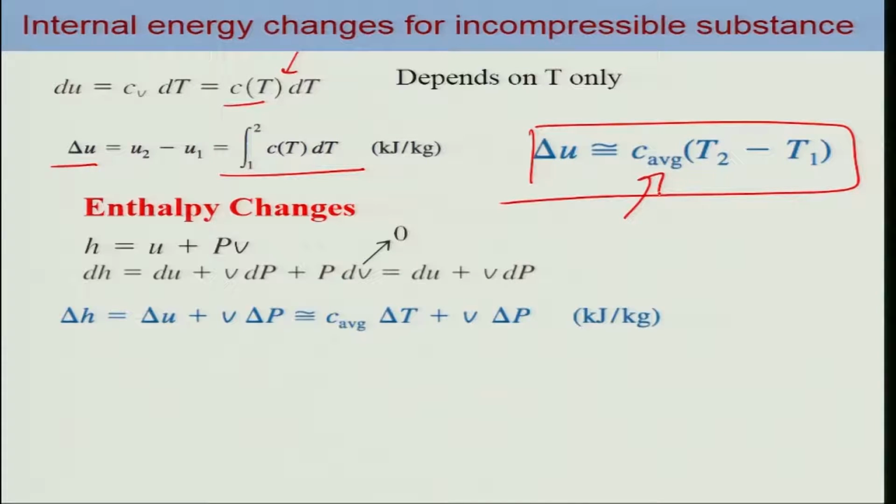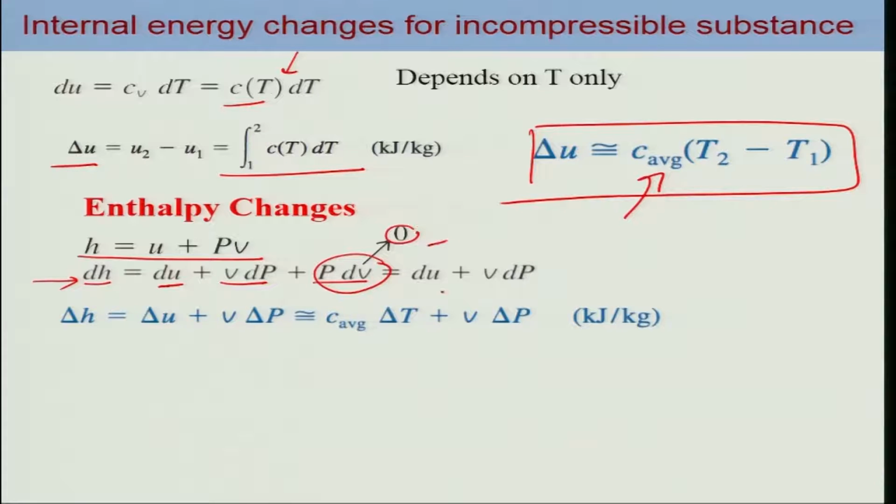So let's now look specifically at enthalpy changes for the case of an incompressible substance. As we know, H is equal to U plus PV. That's a definition. So you can differentiate, and dH is equal to dU plus two terms, because you can differentiate first P and then V. Now considering an incompressible substance, the P dV part is going to be 0.